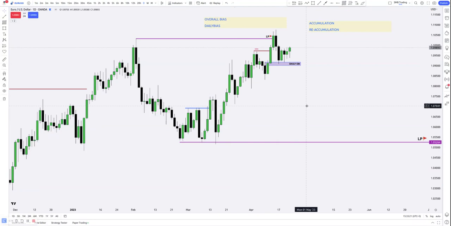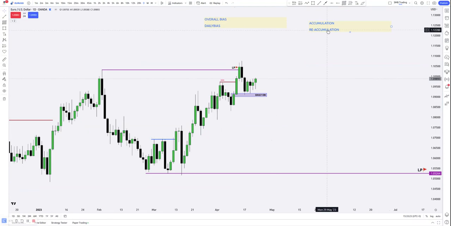If I understand that price goes through a phase called reaccumulation, that simply means that it's not every single day that price will be bullish. Even though my overall bias is bullish, price will be in reaccumulation.